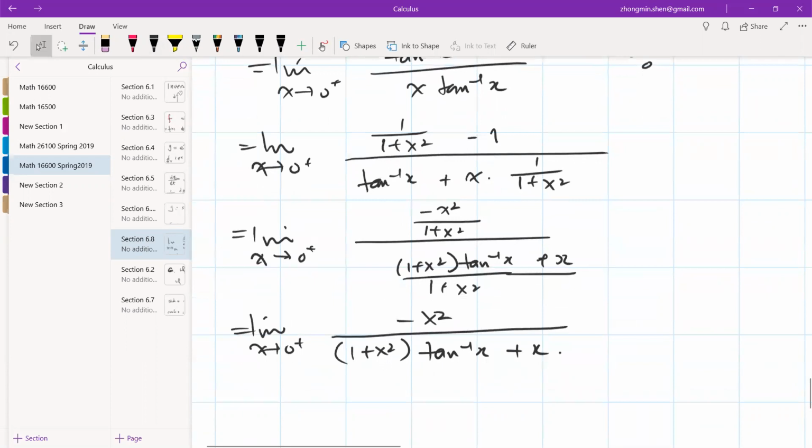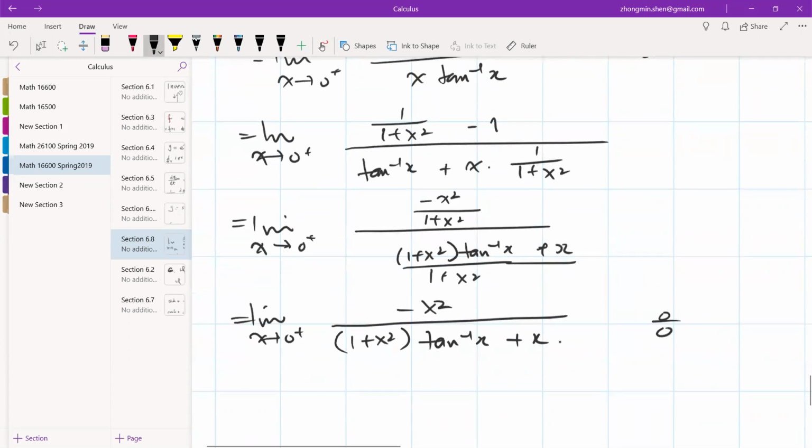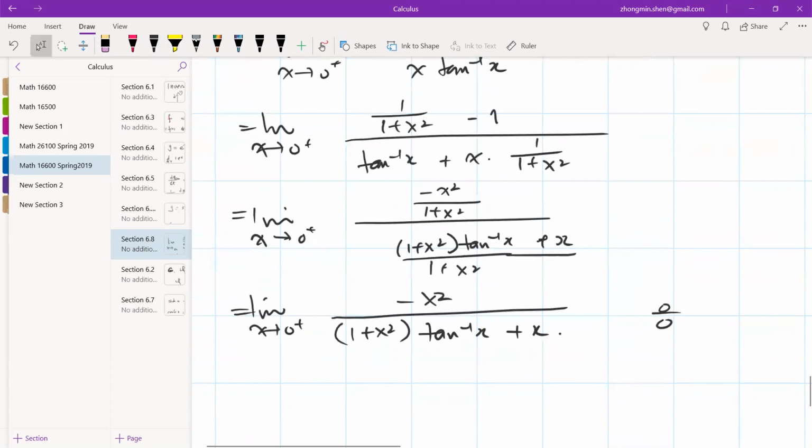Well, this is still a problem. It does not get simpler, but it's still going to be this 0 over 0 type if you plug 0 for x. But I already know the limit is going to be 0. Why?